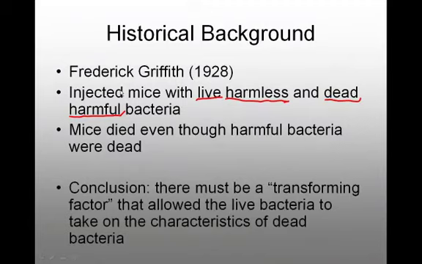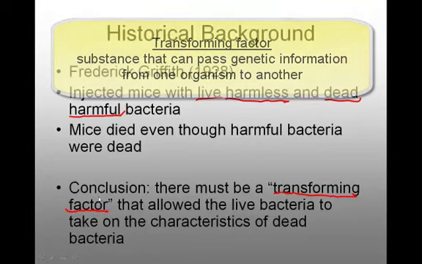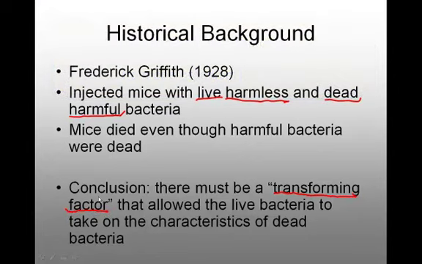So Griffith decided there must be something inside that dead bacteria that the live bacteria got into themselves to make them harmful. And he called this thing a transforming factor. Transforming because it transformed them from harmless to harmful. But he didn't know what that transforming factor was. He just knew that it existed. So that was in 1928.